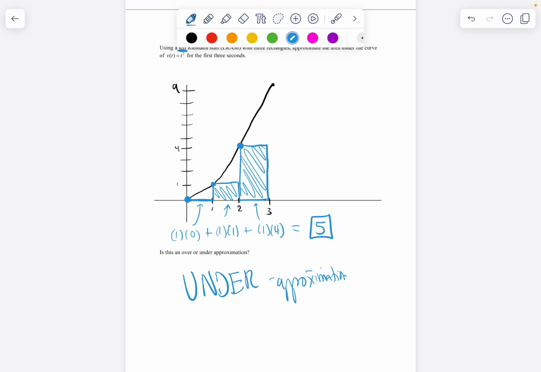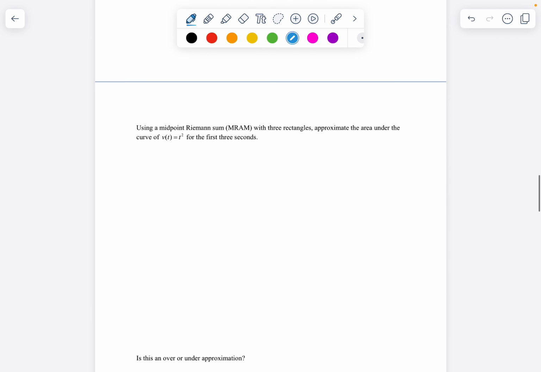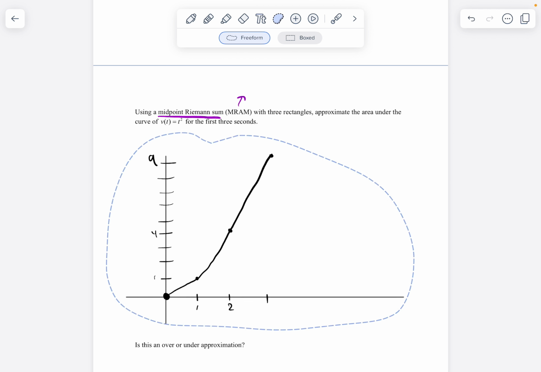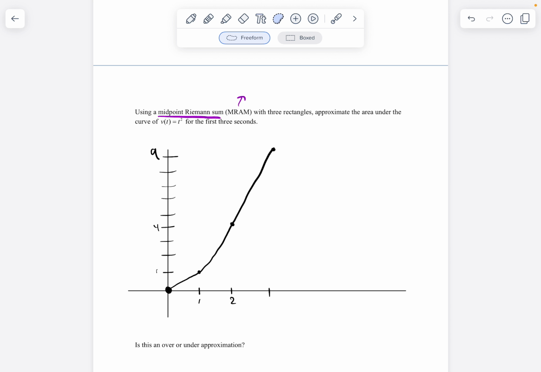And we need to get something that's a little bit more perfect, which comes down to our third way, which again, not totally perfect, but a little bit better. It's the midpoint Riemann sum. So this midpoint Riemann sum now, the MRAM, again, you guys know what this means now. It's the midpoint Riemann approximation method. We can now create our same graph as before, but now instead of the right corner of the rectangle touching or the left corner, now the middle of the rectangle needs to be touching, okay?